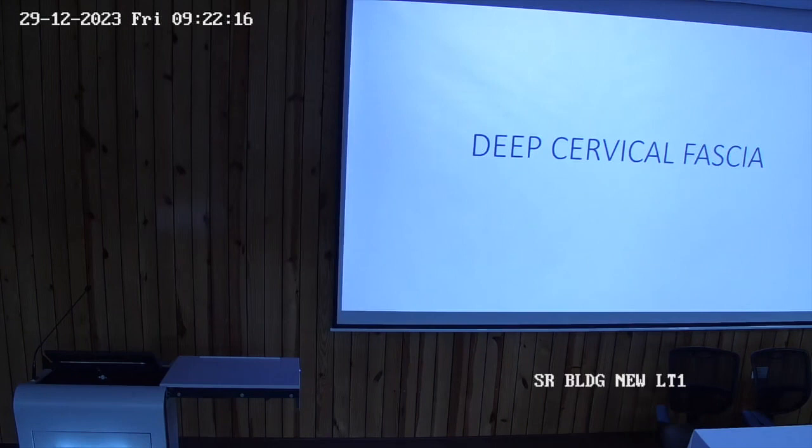Is it clear? Now, this anterior triangle is further divided by other muscles.